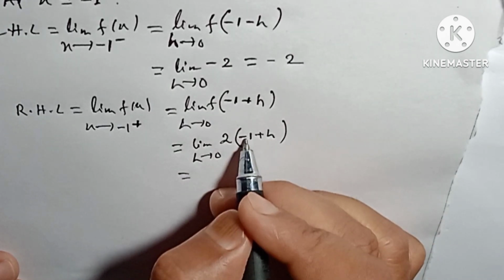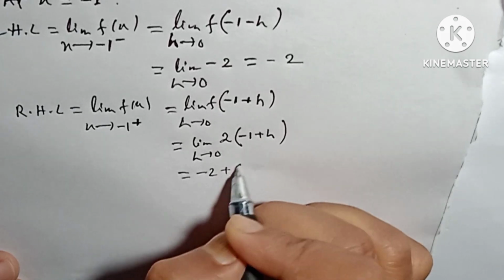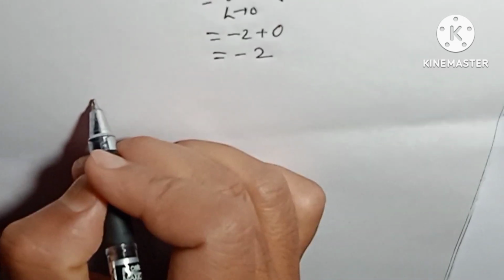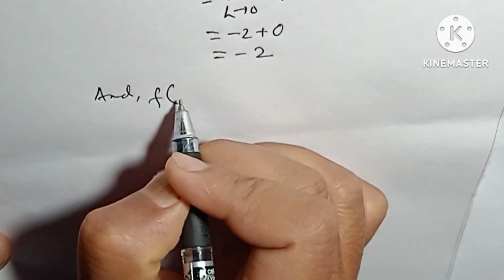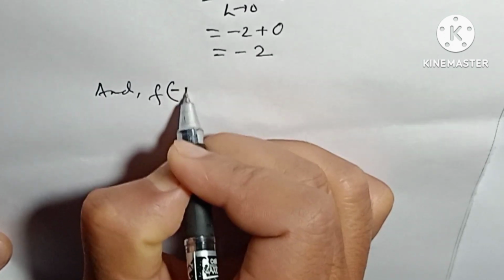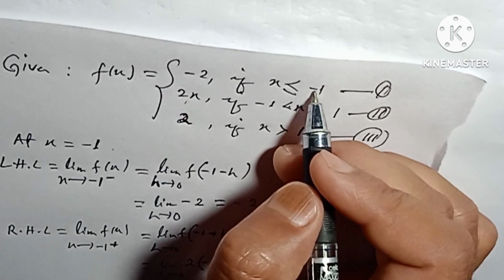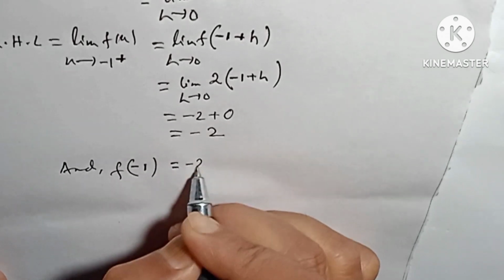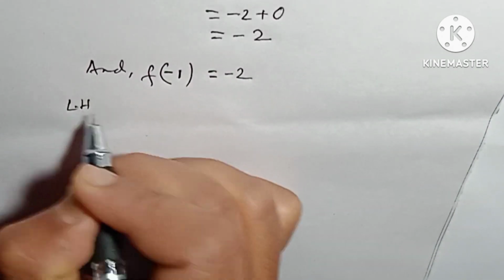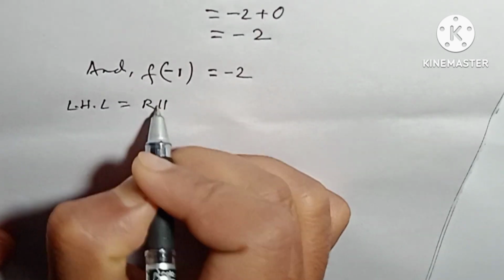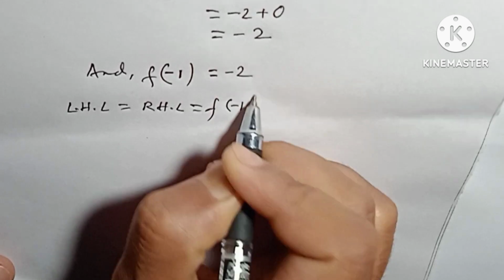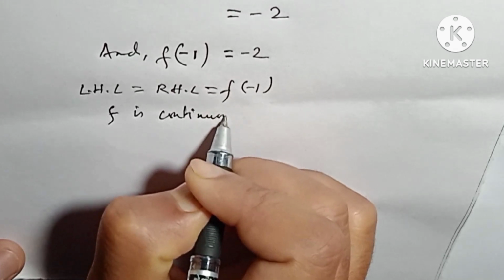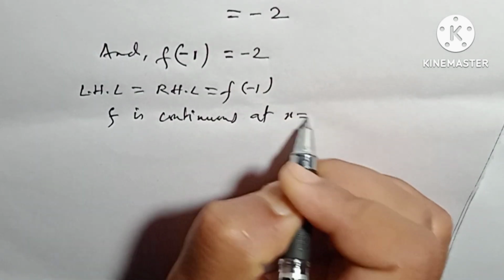Then it becomes 2 into minus 1 plus 0, that is equal to minus 2. And f(minus 1) is also equal to minus 2. Left hand limit equals right hand limit and f(minus 1). f is continuous at x equal to minus 1.